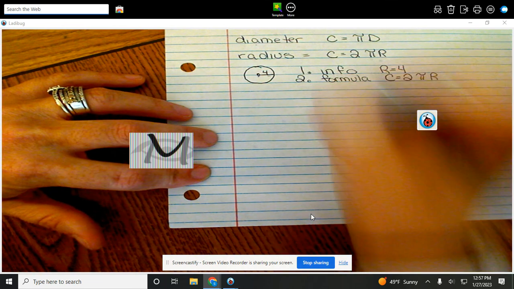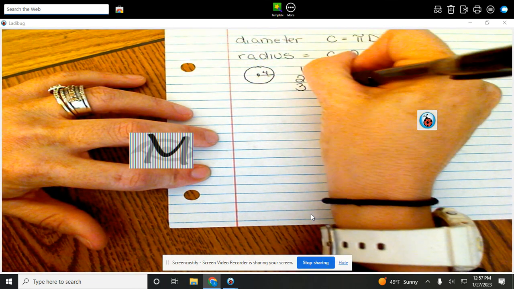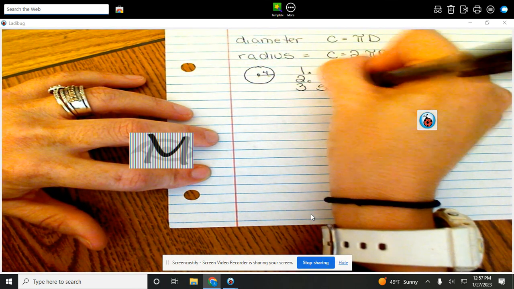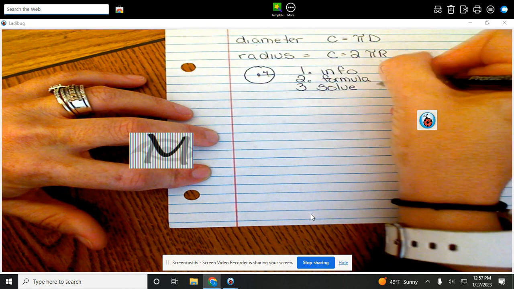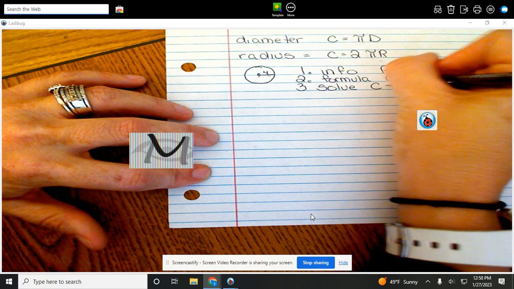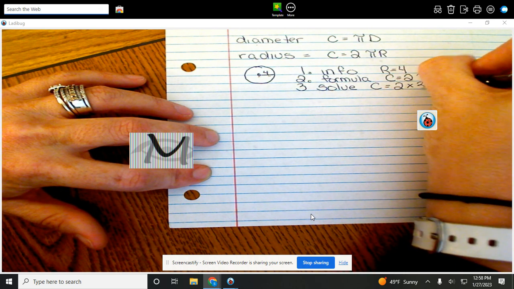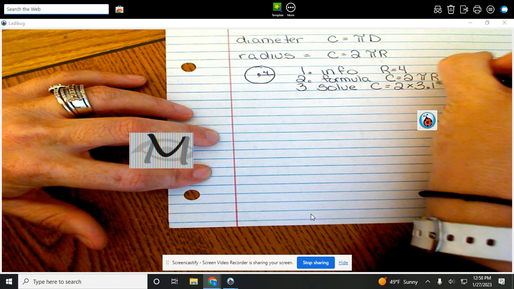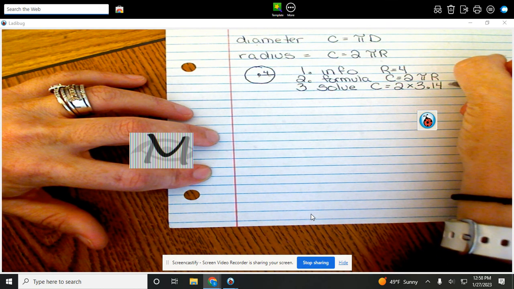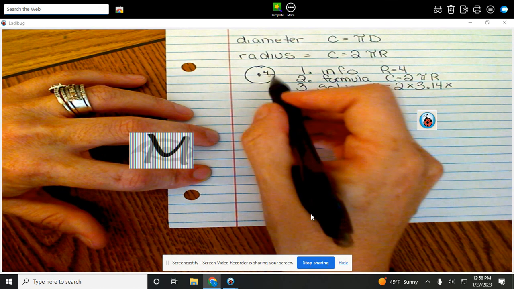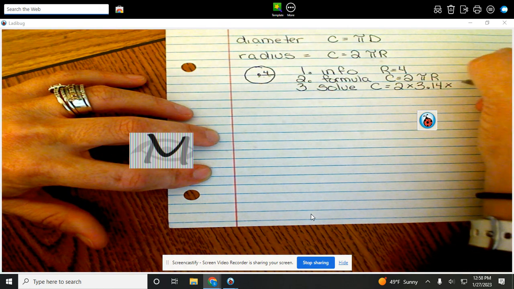The next step is to solve it. When we solve it, this means that the circumference is going to be 2 times 3.14, and we stated 3.14 is what pi means. And in this example, we're using 4 for the radius.